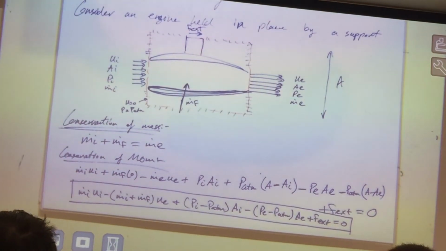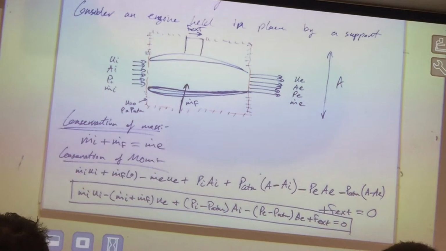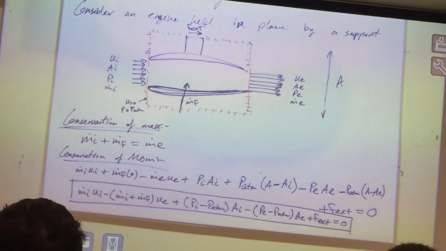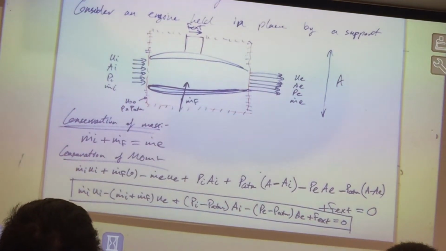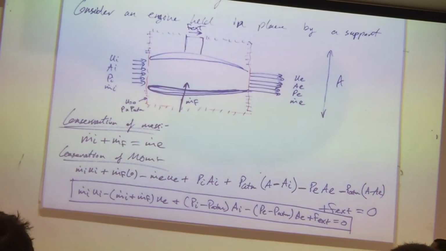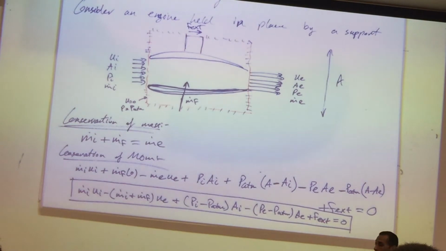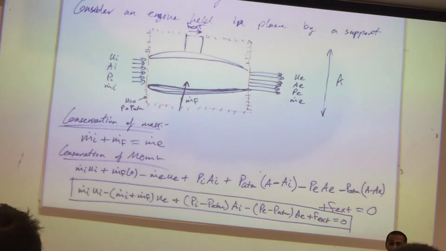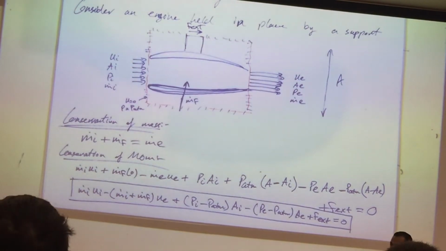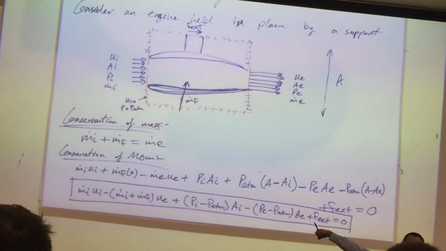All right, question? M dot E. Very good question. Where did I switch it? Why did I switch it? You have m dot fuel in the top. So somebody said conservation of mass. Do you see where it came from? I'm not going to throw that equation at the top.